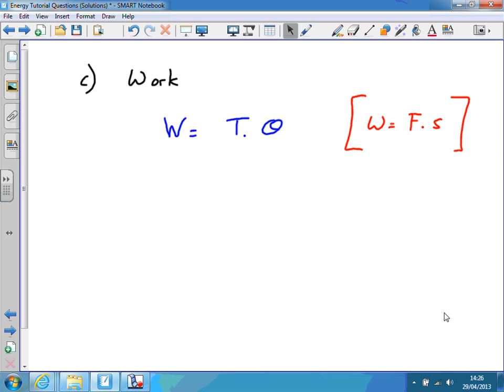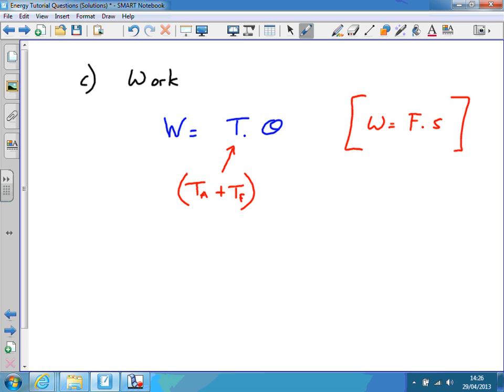So for part C, find the work done. Well, we know from the formula we need to remember, work is force times distance. Well, if you think about the angular equivalent, instead of force, we'll have torque, and instead of distance, we'll have the total angle turned through. Well, we know theta, the total angle, and the torque is the total torque. Remember, the total torque is the applied torque, which we just calculated, plus the friction torque, which we're given.